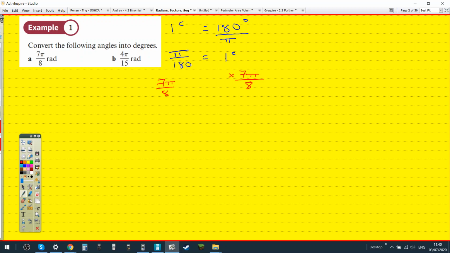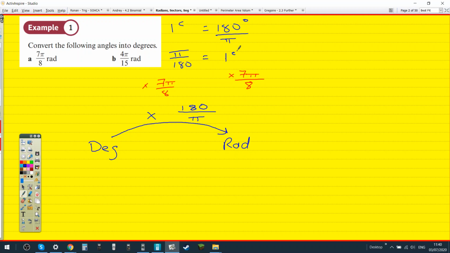7 pi over 8. So let's see. Yeah. So let me think about this. So in general, let's say degrees, radians. So to go from degrees to radians, you times by 180 over pi.